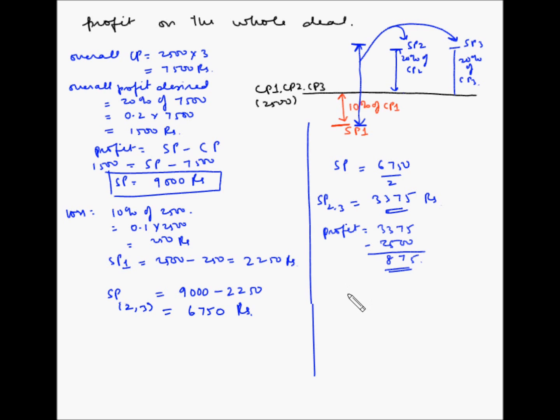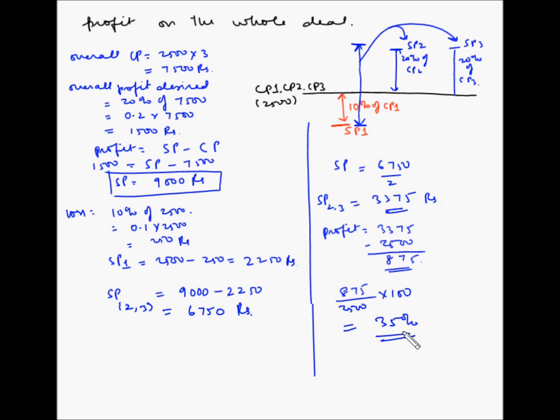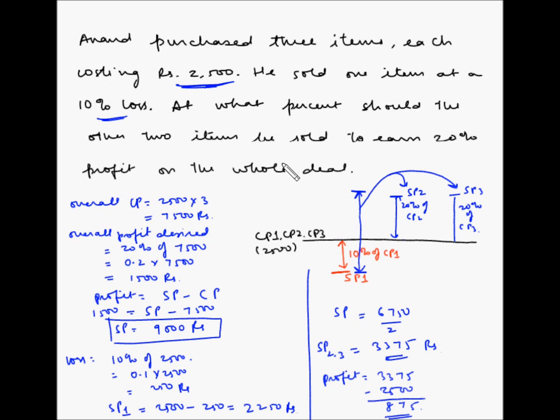Now the profit percentage is 875 divided by the cost price, which is 2500 multiplied by 100, and this is equal to 35%. So basically the second and the third item should be sold at a profit of 35% to obtain an overall profit of 20% on the whole deal.